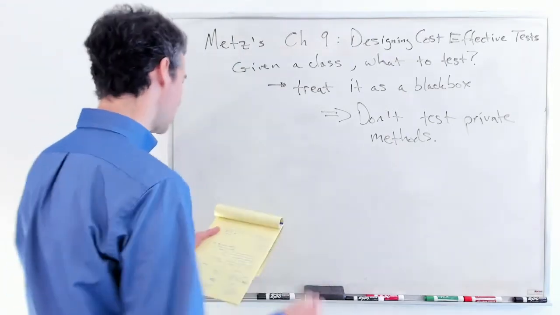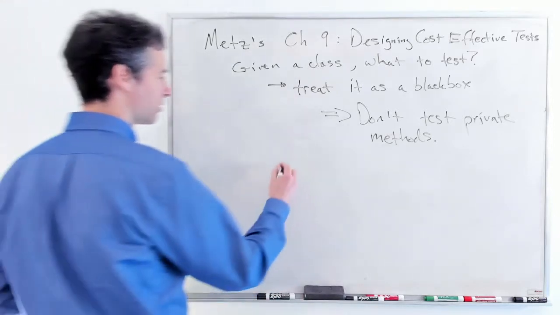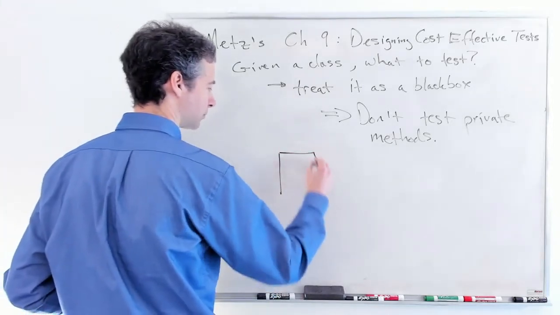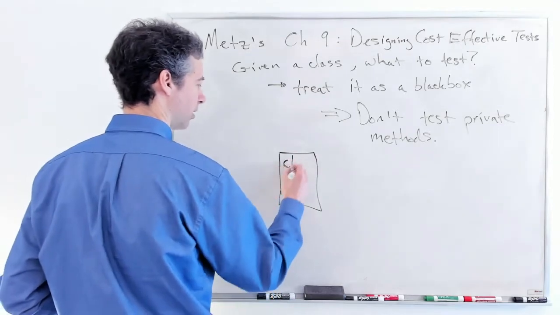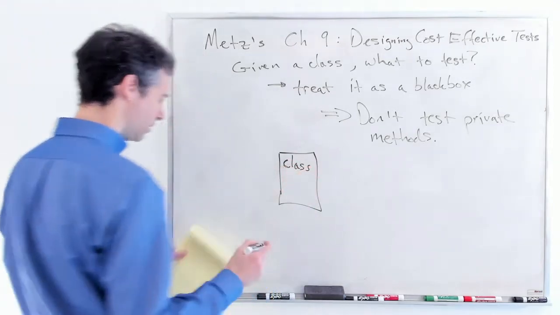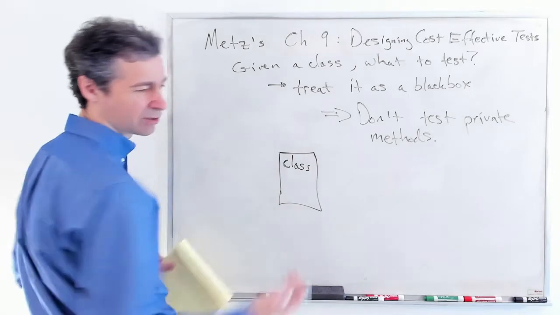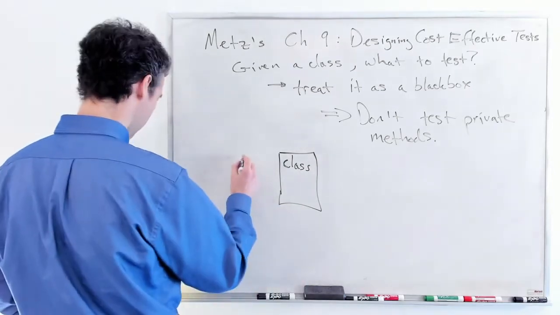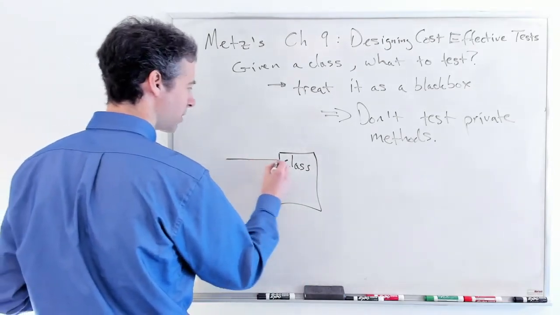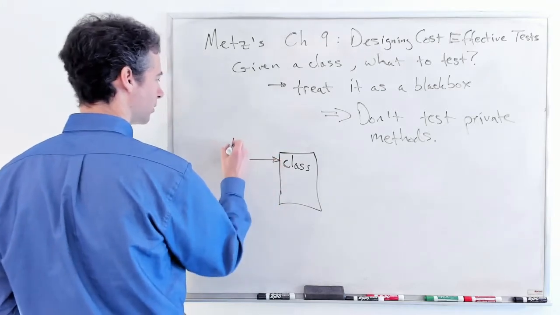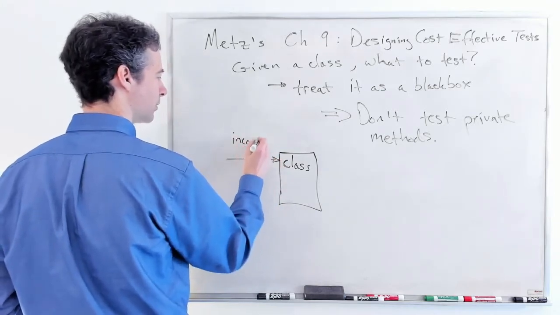So with this in mind, you have this notion that we're going to have some sort of class here. And this class, or we could talk about it as an object, is going to have incoming method calls on it.